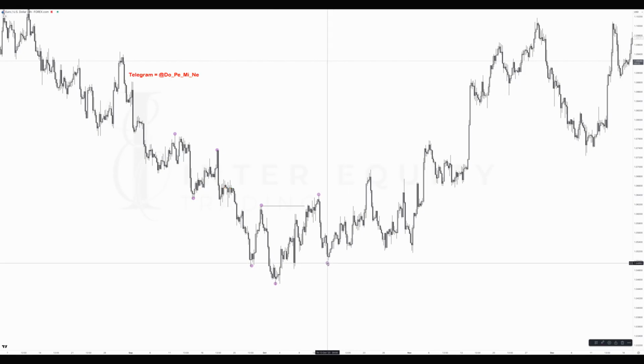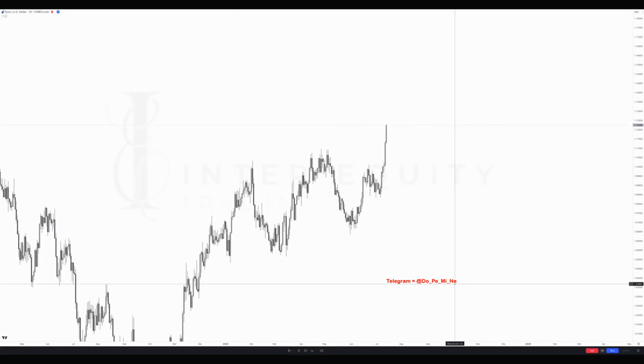Then price goes up, breaks above this high again, creates a higher high, retraces, creates a higher low, and then another higher high. So this is an example of price switching its direction from bearish to bullish. All right, so next we'll be breaking down Euro USD. The point of this is so I can show you guys how to intertwine the different time frames.